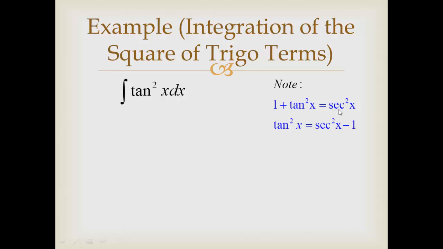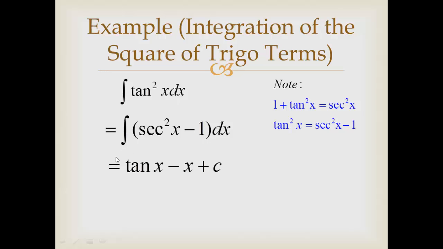We know that 1 plus tangent square x is equal to secant square x. Subtracting 1 on both sides, we get this formula. You can see that though tangent square x is non-integrable, secant square x is integrable. So that's what we'll do. We'll substitute tangent square x by secant square x minus 1.